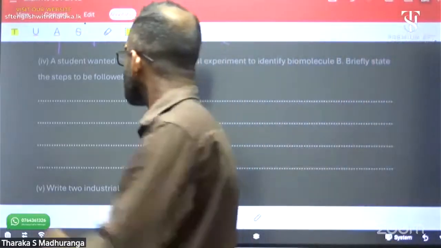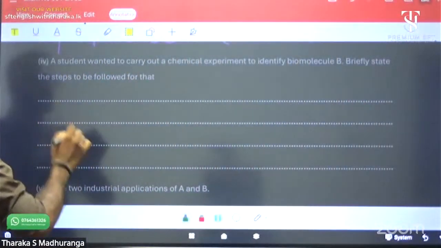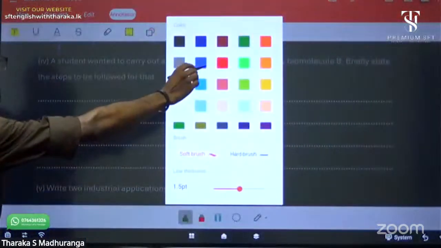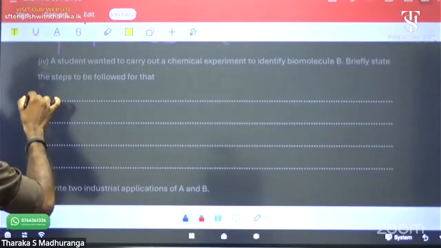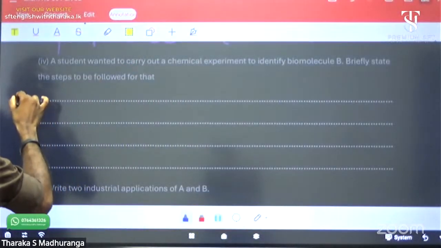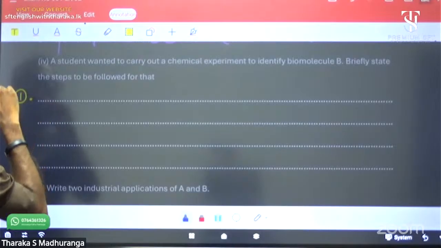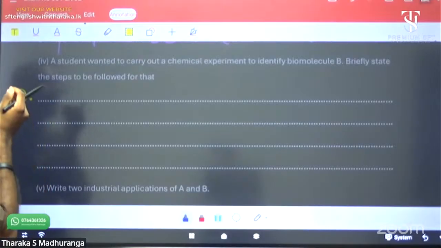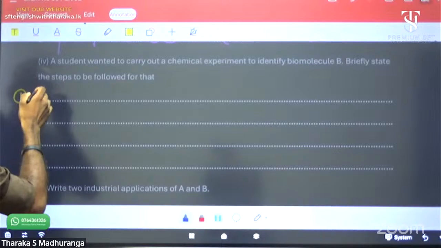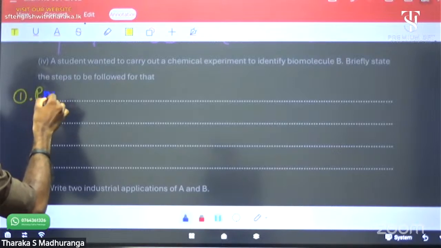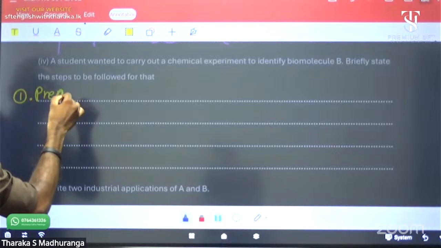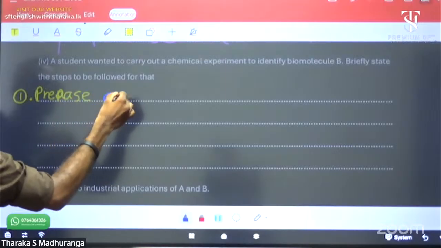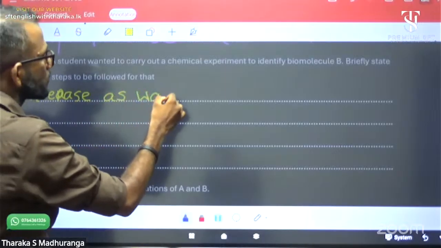What is the first step? Prepare a water solution.